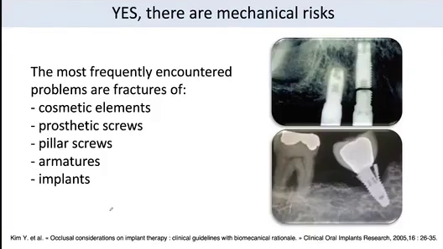Of course, there are mechanical risks with implants because they do not have a periodontal ligament. And the risks frequently encountered are fractures. Fractures of the cosmetic screw, of the prosthetic screw, of the abutment screw, of the frameworks, and sometimes also fractures of the implant itself, like here.